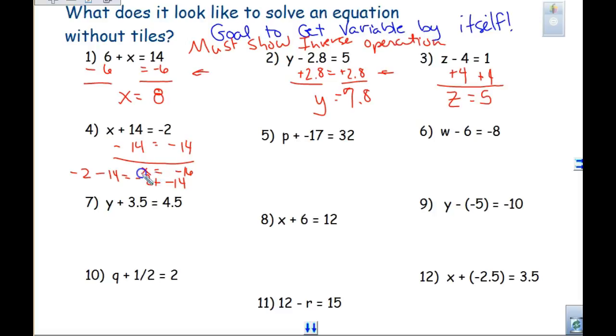X equals -16. Because -2 minus 14 is the same as going with plus a negative. Okay? As I am taking a look at number 5, Taylor, what's the inverse of adding a -17?